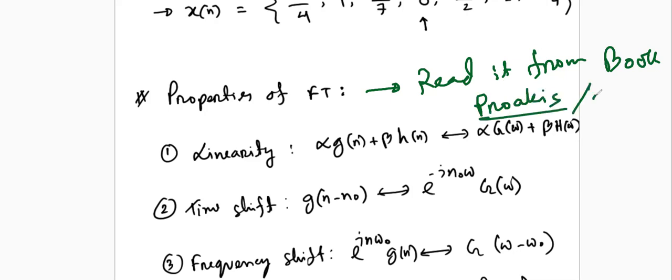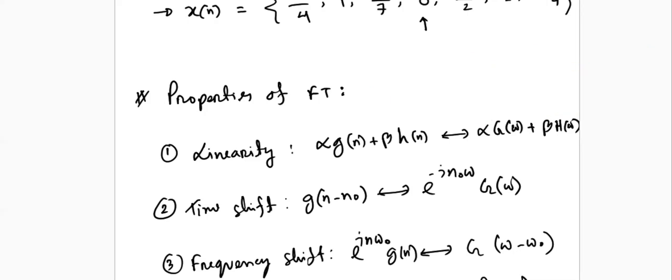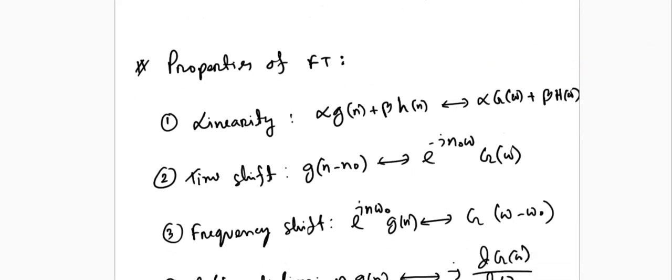This is chapter number 4. You will find the properties of the Fourier transform over there. I'm just discussing a few of those here in this lecture. However, you can find more in the book chapter as well.